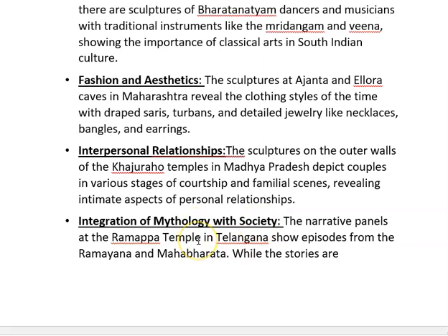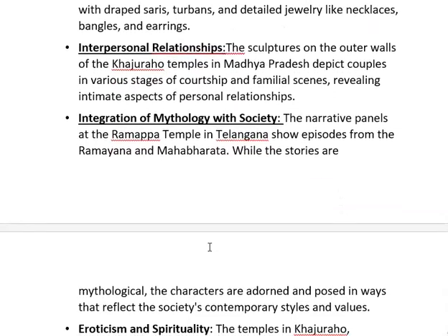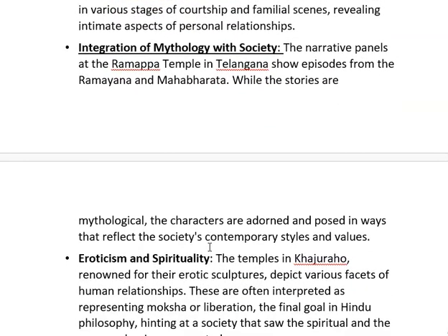Then mythology and society. Just remember this example of the Ramappa temple in Telangana. It shows Ramayana and Mahabharata images. Then how can you connect it with the society? Because the characters in Ramayana or Mahabharata are depicted dressing in the way the people of that society were dressing. That means all the characters have dresses similar to that of medieval Indian society.